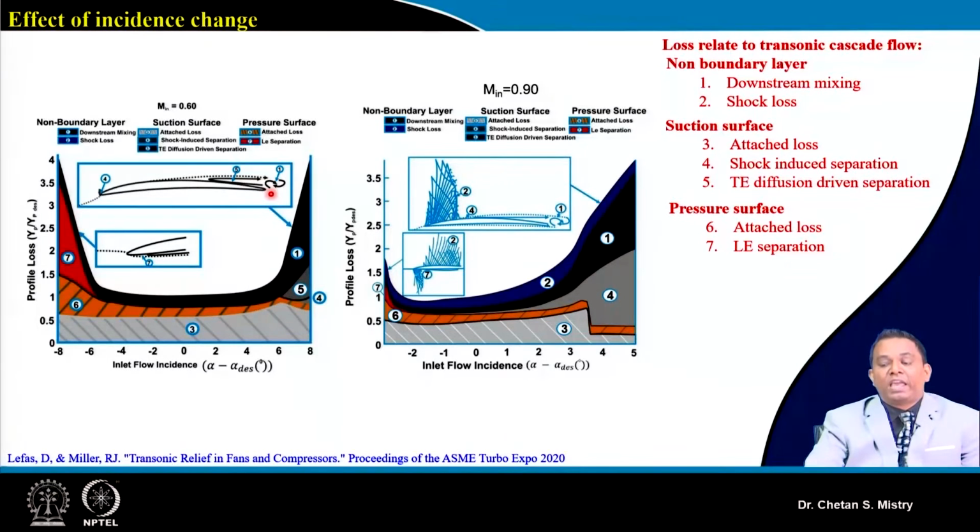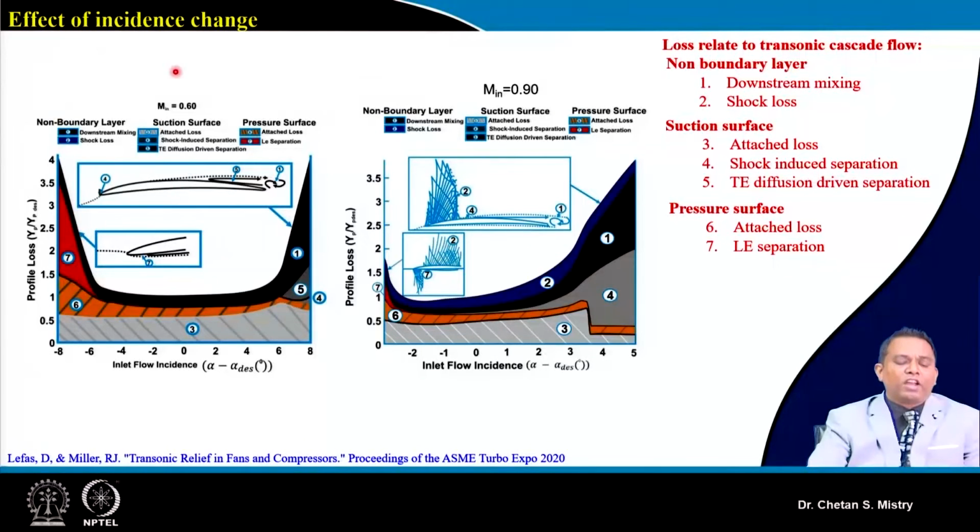We are having shock losses, attach loss, shock induced separation, and trailing edge diffusion driven separation. On the pressure surface we will be having attach loss and leading edge separation loss.